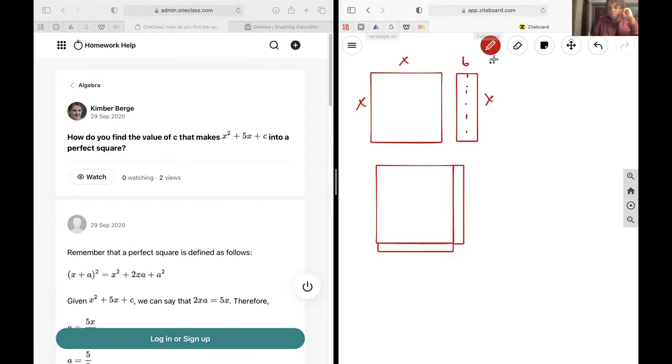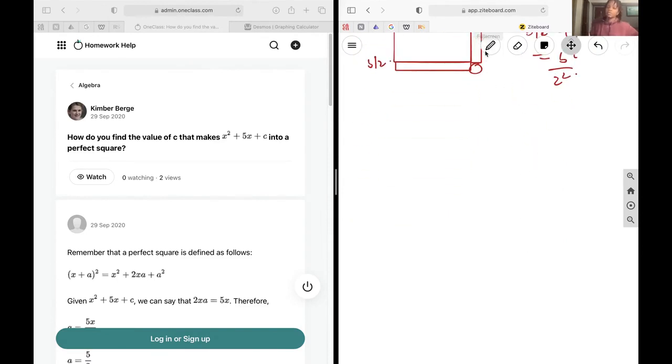And so what I'm going to be missing, I have x b over 2, x b over 2. And so I can see that it's almost a perfect square, but what I'm going to be missing here is going to be a square of b over 2 by b over 2, which is b squared over 2 squared.